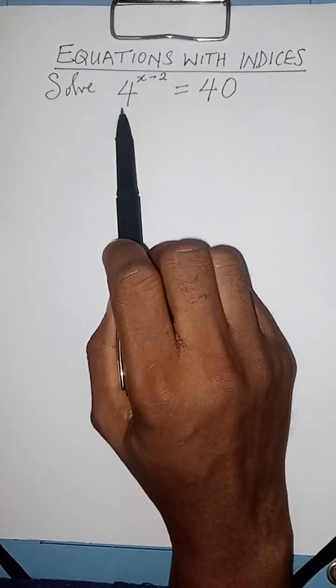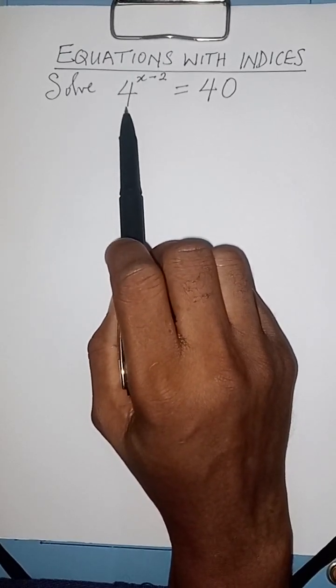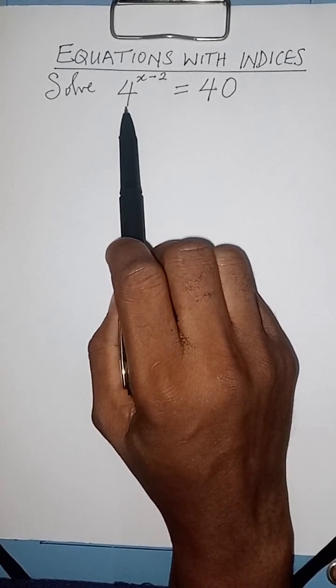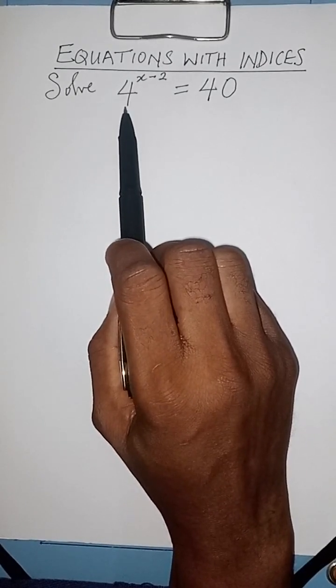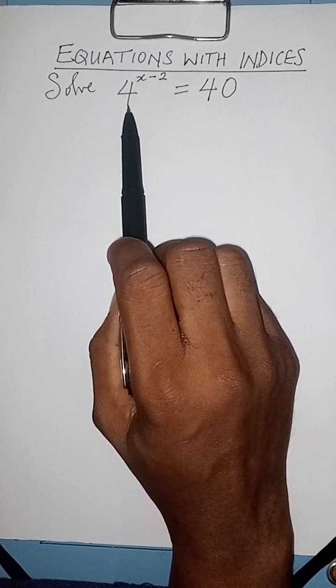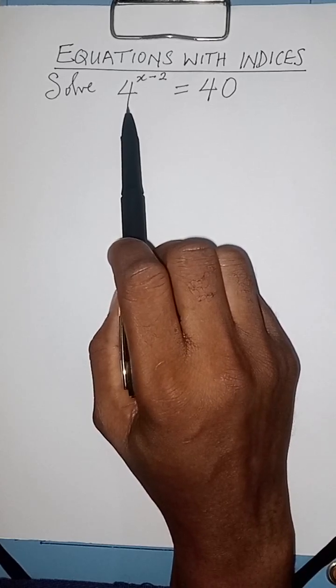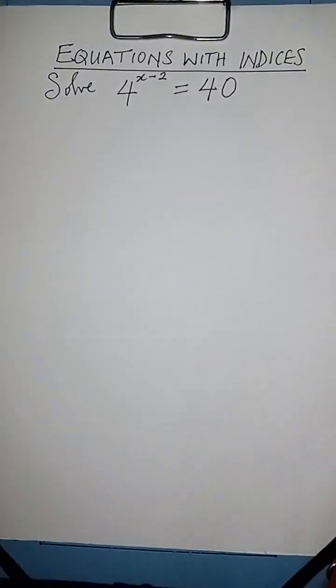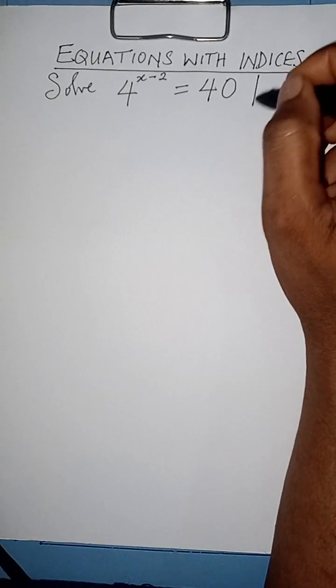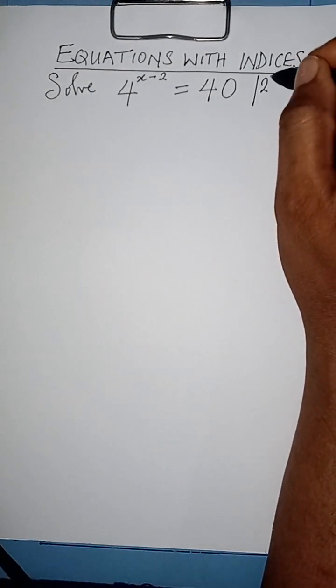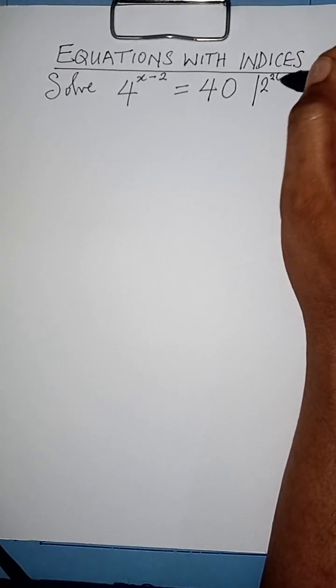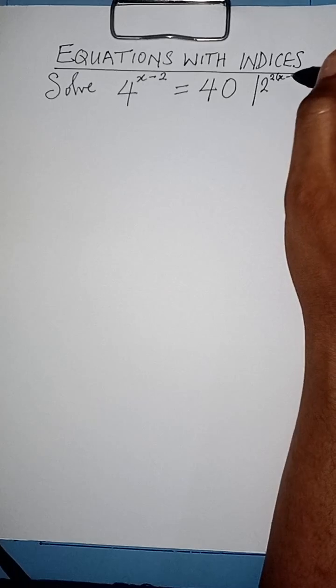It is possible for me to express this so that it becomes 2 as its base, 2 raised to the power 2, which is 4. So the base can be written as 2 raised to the power 2, and then open bracket, x minus 2.